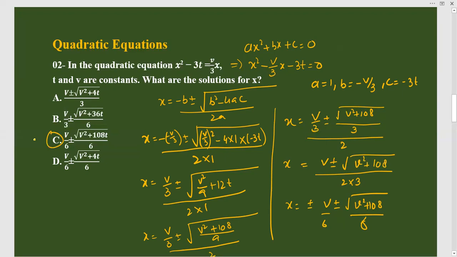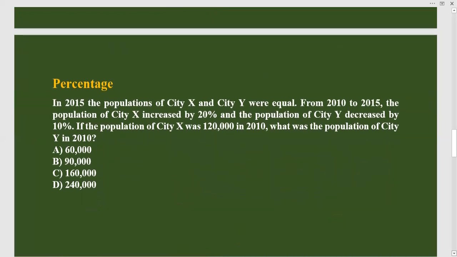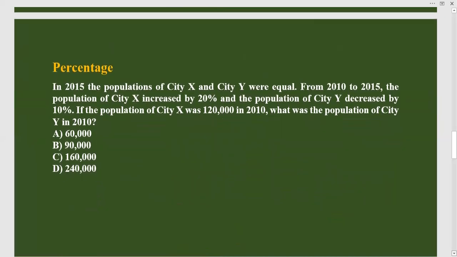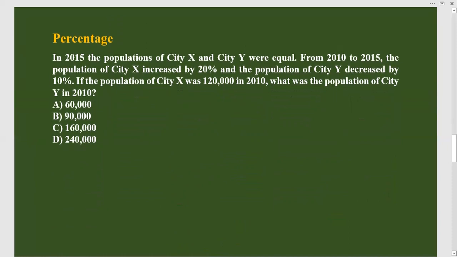Okay, so move to number 3. This is SAT practice number 10, and I would say it's an easier one, but it is a trickier one. So first understand what exactly the question is asking, and then make a table or something and then solve it.